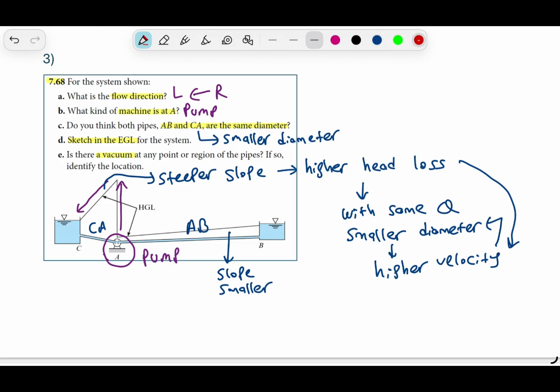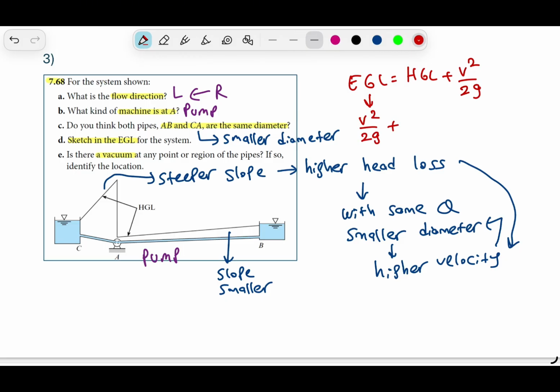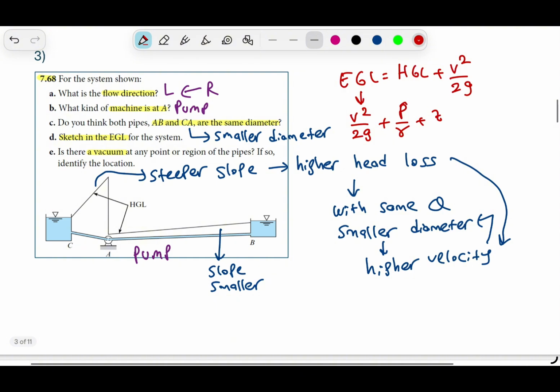Now we are going to draw the energy grade line. The energy grade line is actually the hydraulic grade line plus V² over 2g. You probably remember from the course, the energy grade line is V² over 2g plus P over gamma plus Z. This part is the hydraulic grade line, and the total is the energy grade line.